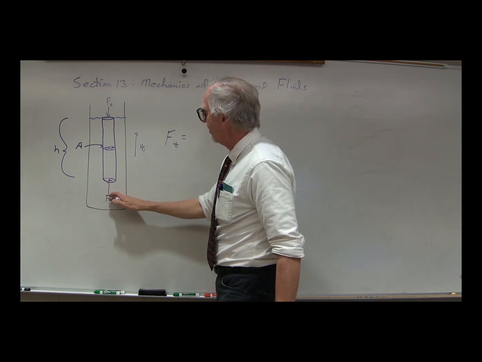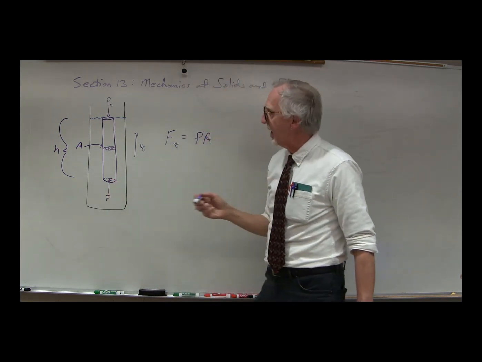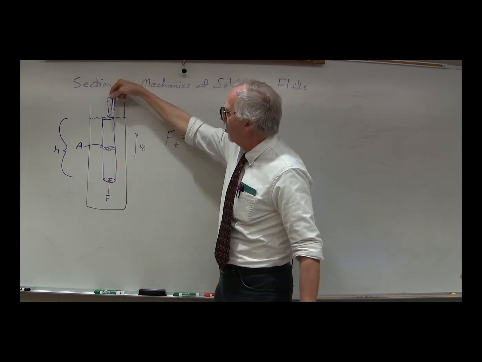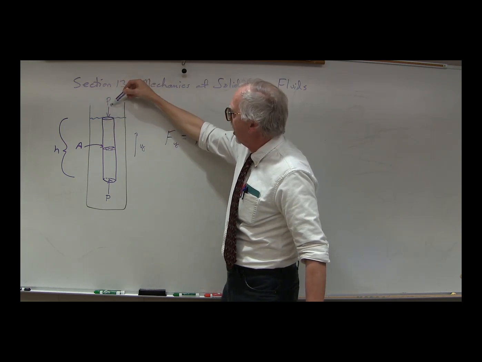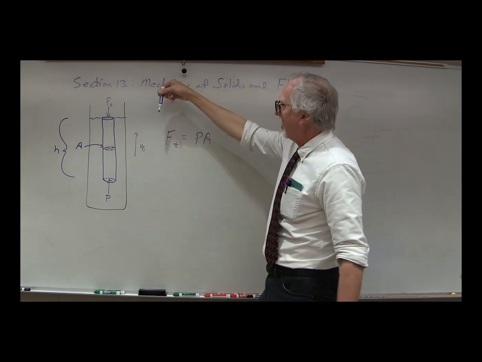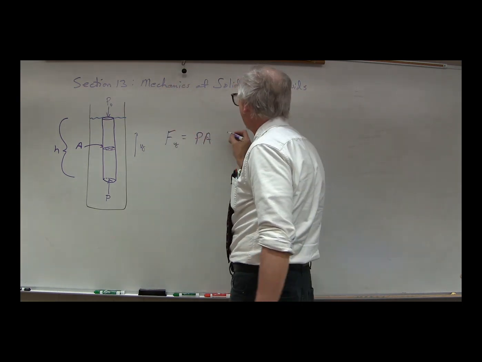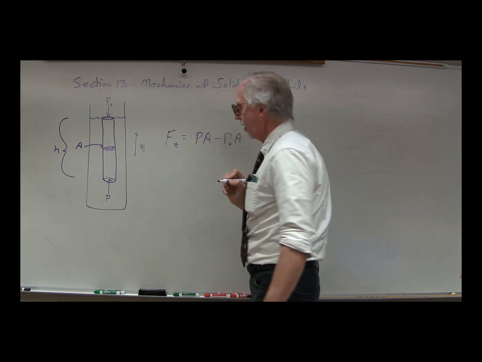So the force down here will be P times the area A. That is in the positive y direction. At the top, we'll have a pressure in the negative y direction. The pressure is P0, the cross-sectional area is A, so we're going to have a force of P0A, and that's in the negative y direction, so we'll have minus P0A.